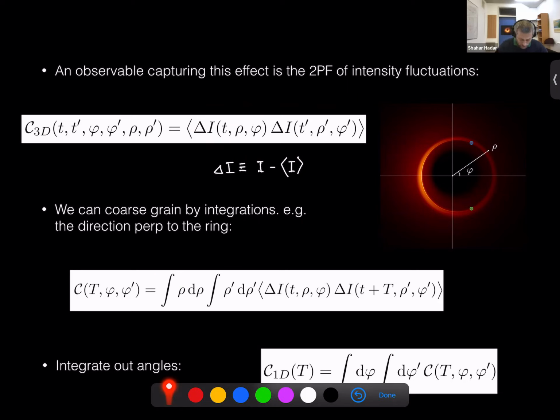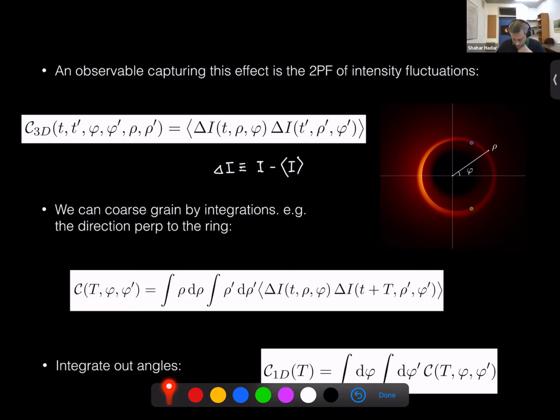So we can study these correlation functions, which we call 3D because we have t, rho, and phi. But we can also coarse grain by, for example, integrating over the radial direction perpendicular to the ring, summing up all the contributions on the ring, and this gives us a correlation function which depends only on the time difference and the two different angles around the ring.